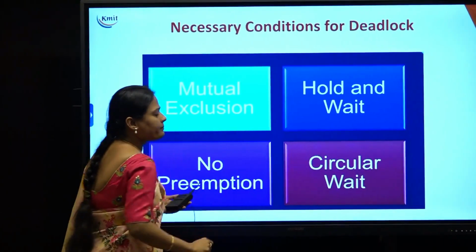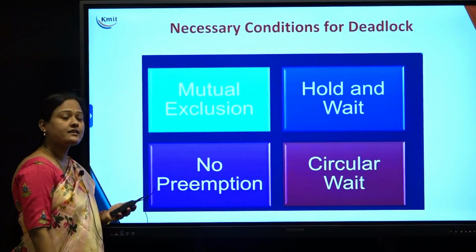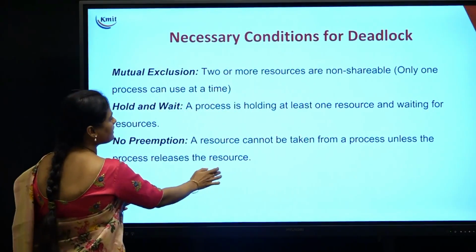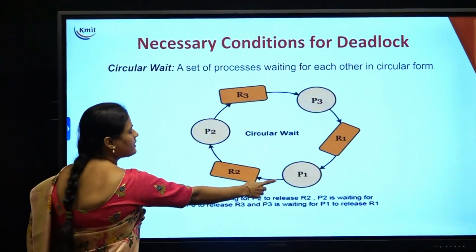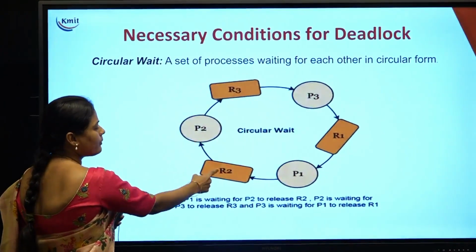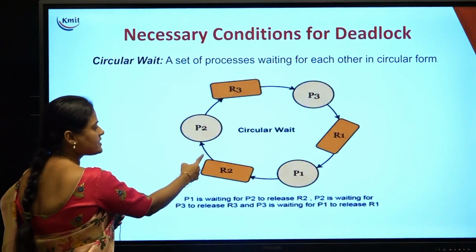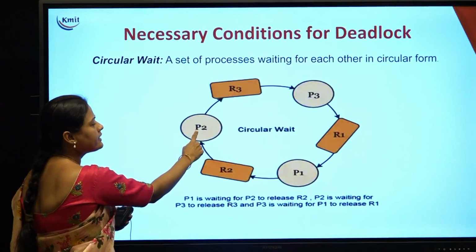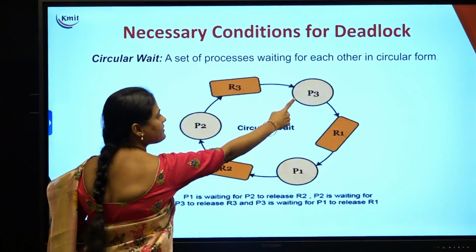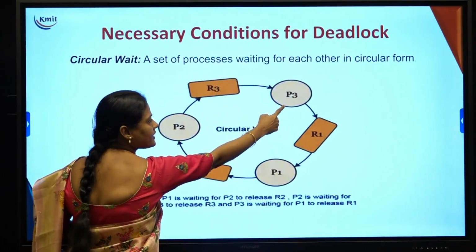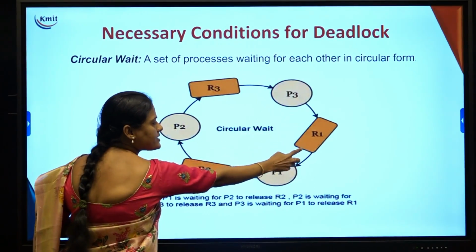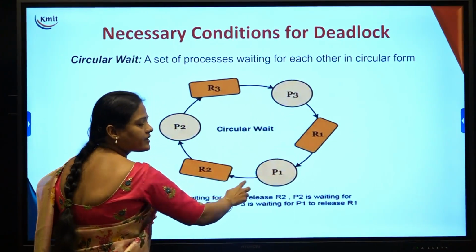The next condition is circular wait. As you can see in this diagram, P1 is waiting for P2 because P1 wants a resource which is assigned to P2. Similarly, P2 is waiting for P3 because it wants R3, but it is allocated to P3. Again, P3 is waiting for resource R1 which is allocated to P1.